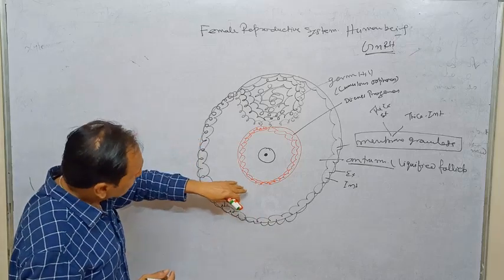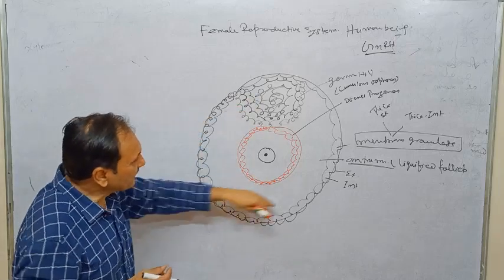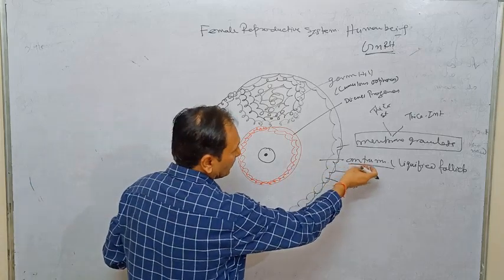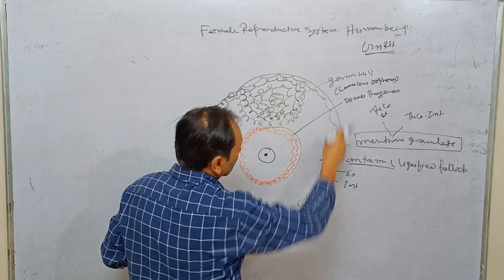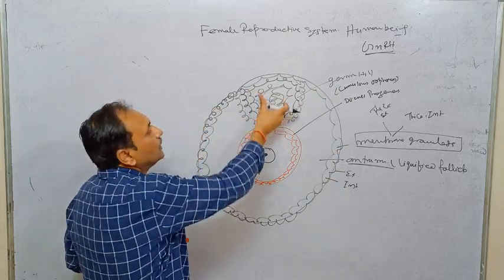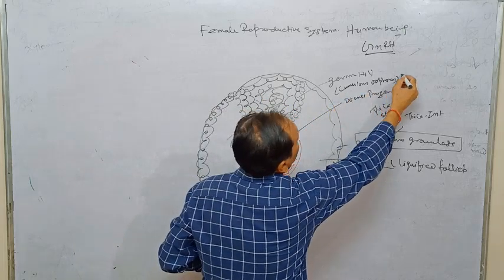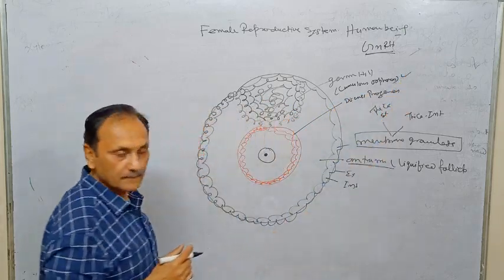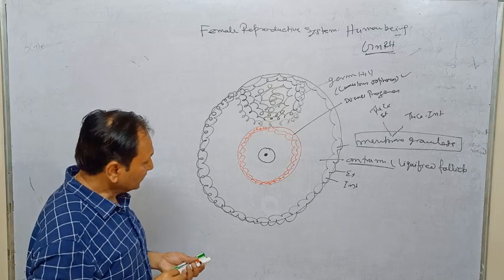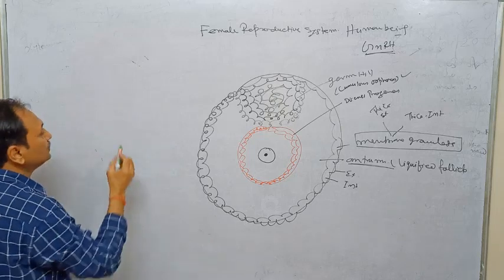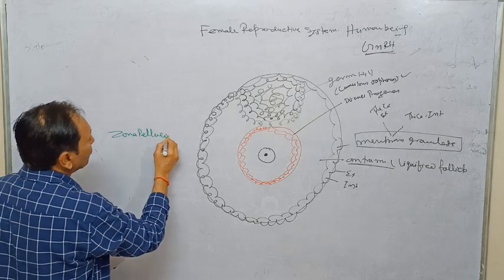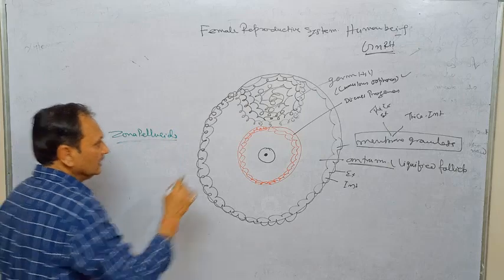But it is not completely floating inside that liquid because it is attached to this particular membrana granulosa by a germ hill that is also called cumulus oophorus. Outside it, it has been observed there is a zona pellucida.